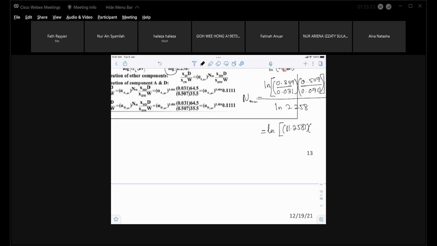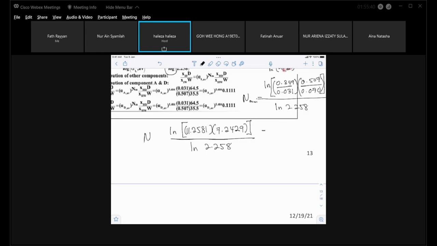Got 7.29. Don't have enough space, so let's just write over here. Okay, natural log 2.258. I'm going to erase this.